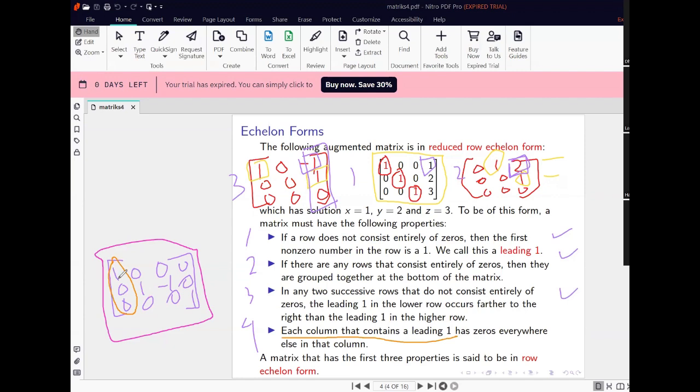Yes, so we have to make sure it contains zeros everywhere else. We go to column number 2. Does this column contain a leading one? It's correct. This is the leading one, and it has zeros everywhere else in that column. And for column number 3, does the column contain a leading one?